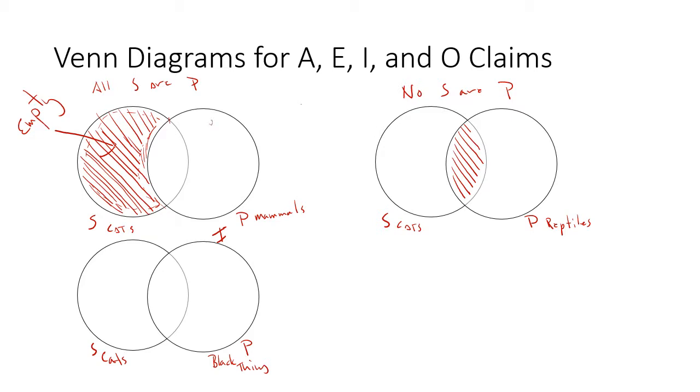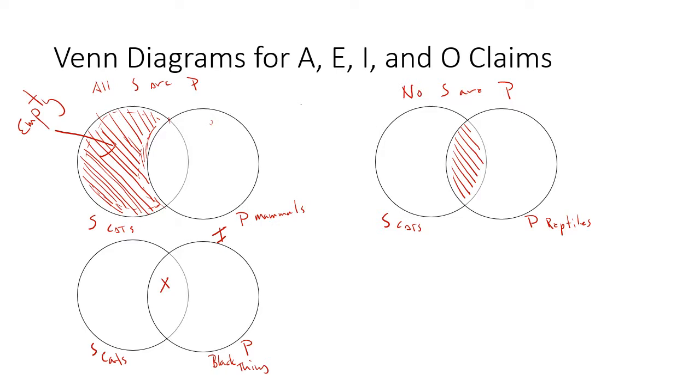And to indicate that at least one thing, we're not going to do emptiness. We're going to do this one member, this at least one thing, and that's going to be indicated with an X. So to do some S are P, we're going to say there's at least one cat that is black, and that lives in the overlap here.